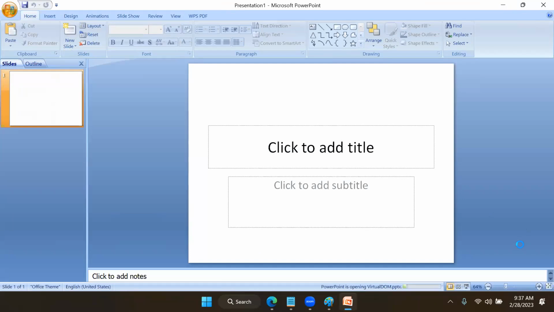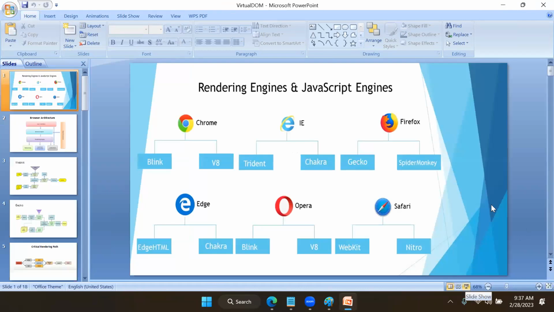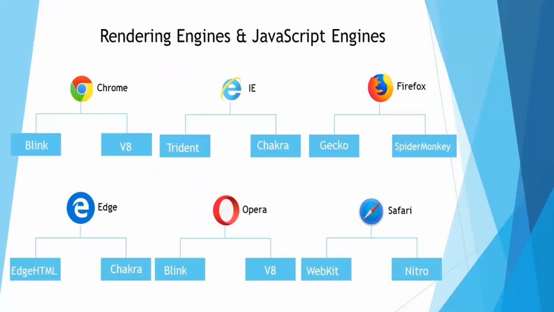These are all different browser engines. These are browser rendering and JavaScript engines. Chrome uses an engine called Blink and V8. Firefox uses an engine called Gecko and SpiderMonkey.